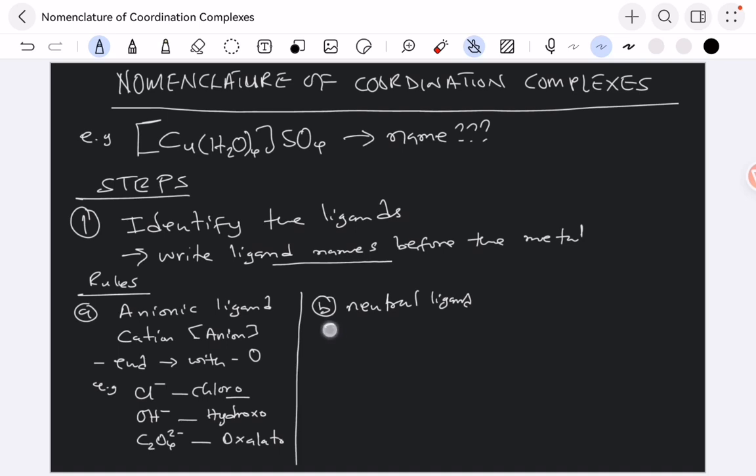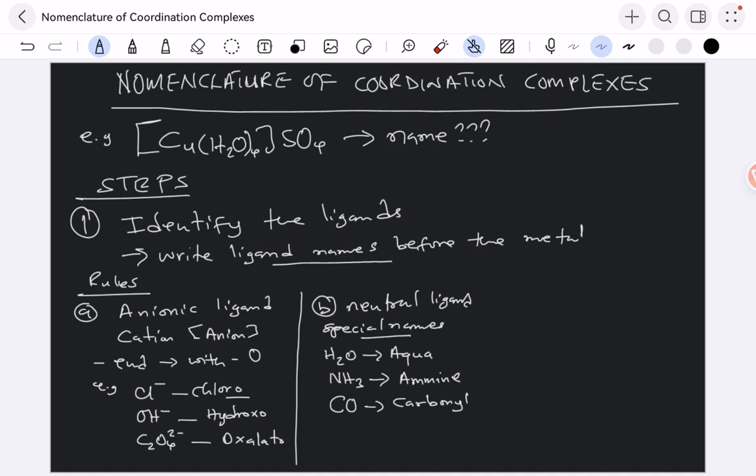For these ones, we have special names: H2O is known as aqua, NH3 is known as ammine with double M, CO is known as carbonyl.